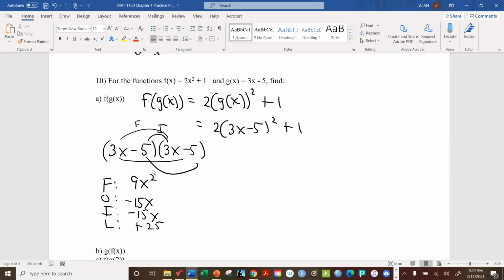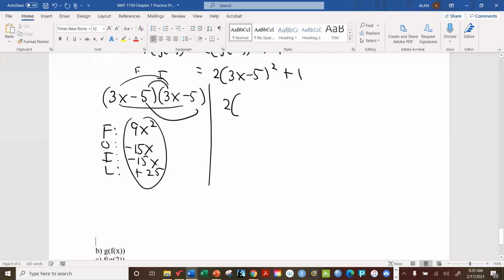So we wind up with, in parentheses, all of this can simplify. Let me just write it down here somewhere. This actually simplifies to 9x squared minus 30x plus 25. So therefore, I'm going to put that here in the parentheses.